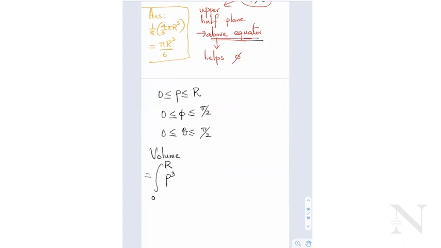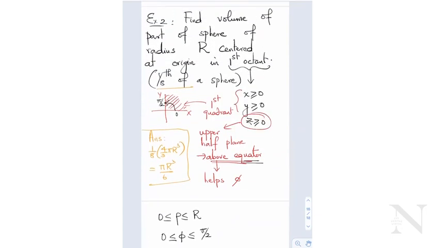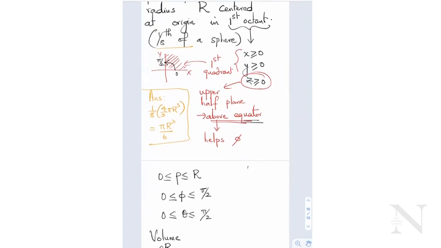Sorry, I have a question. I thought that for theta it would go from 0 to pi, but I'm wrong. Could you explain why it goes from 0 to pi over 2? Oh, theta is the angle on the xy plane. So theta usually goes like this, 0 to 2 pi.